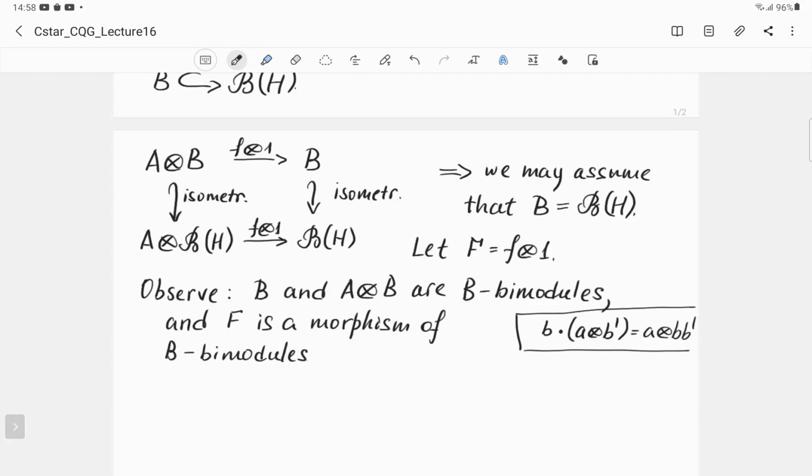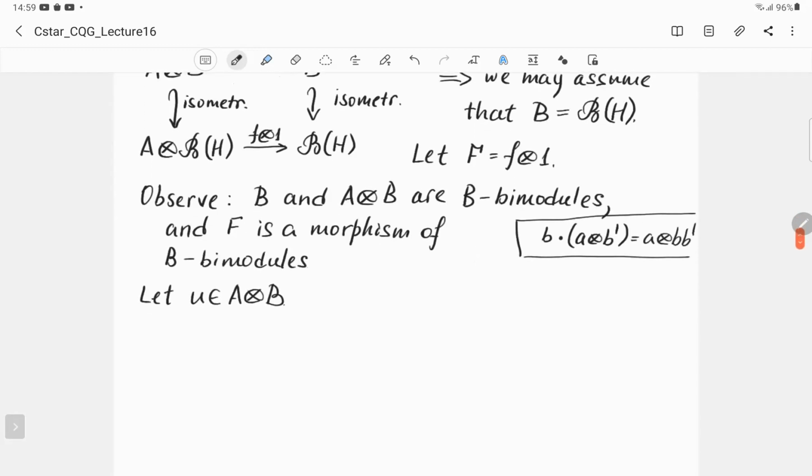Okay, so now we try to estimate the norm of F of u. So let little u be an element in the algebraic tensor product. Let's first of all observe that the norm of F of u, now F of u is a bounded operator on H, can be written as the following supremum.